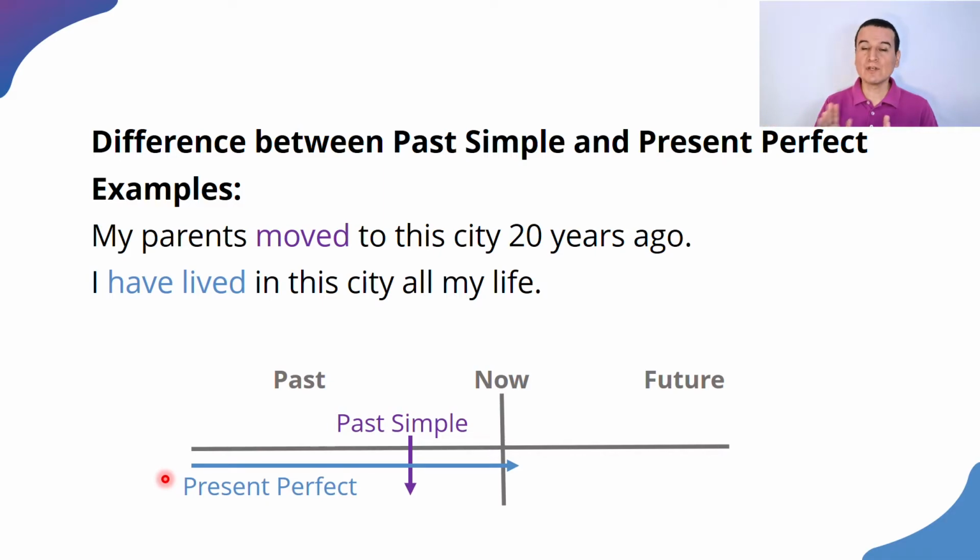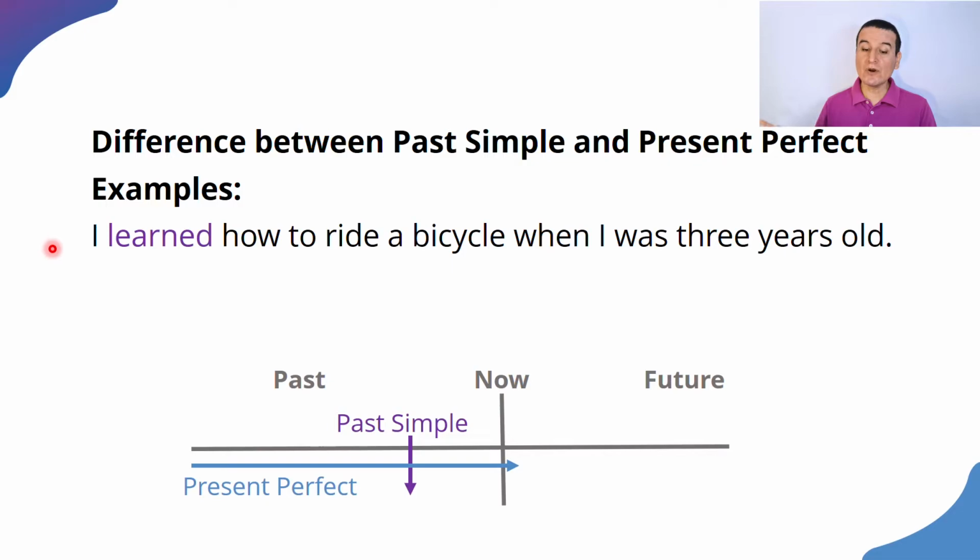All right? I know that you understand it, but let me give you one extra example. Look at this. I learned how to ride a bicycle when I was 3 years old. I remember the moment I learned, and that happened at a very specific time in the past. And that's why we use the past simple.